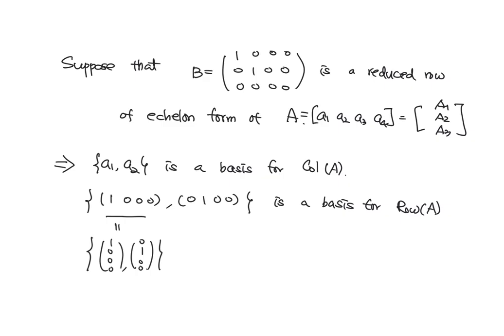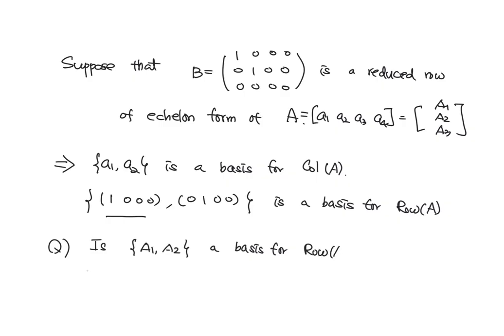Okay. My question. If I go back to A matrix and choose the first two rows in A matrix, is this a basis for the row space of A as well? Is it true in general?